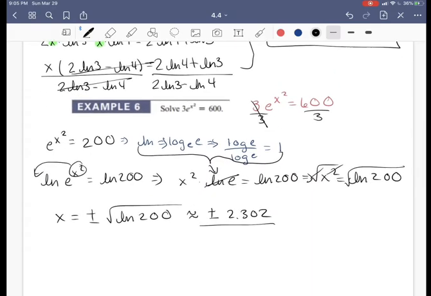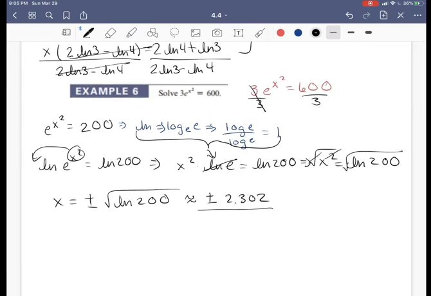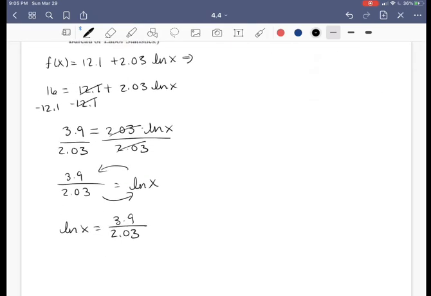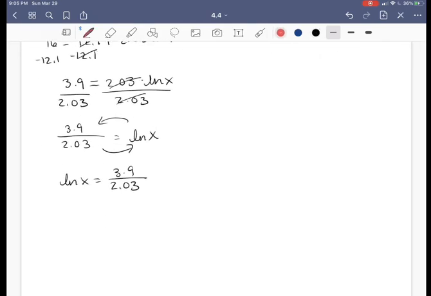Now, a minute ago, in the previous example, we used natural log to get rid of e. So we can do the same thing. We can use e to get rid of natural log. So let's raise e to both sides. That means this goes away with this, leaving me with x equals e to the 3.9 over 2.03.